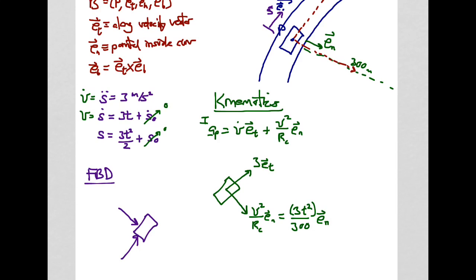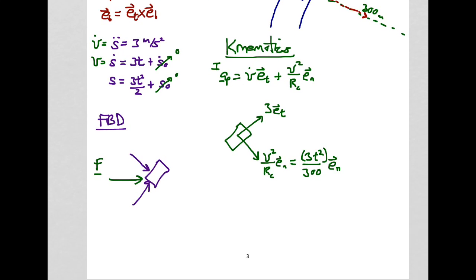And so our force then is going to be a single force on the car that we can model as the components of these two directions. Well, that particular force is a friction force, because we're now talking about the tires slipping on the road. So the friction force has to be pointed in this direction.